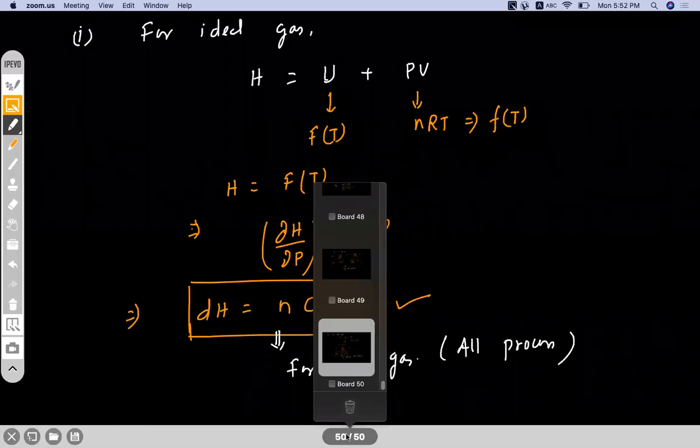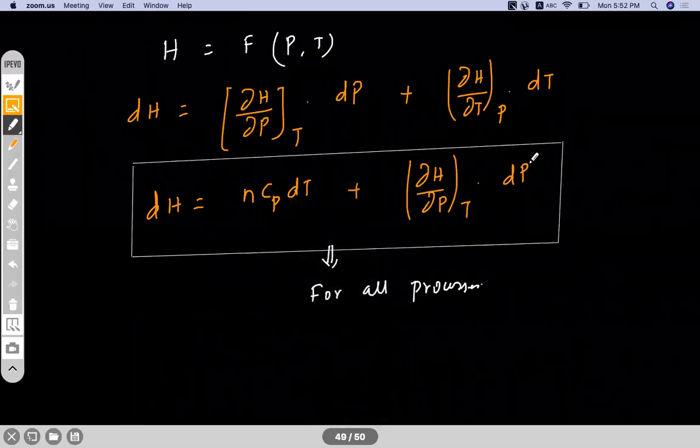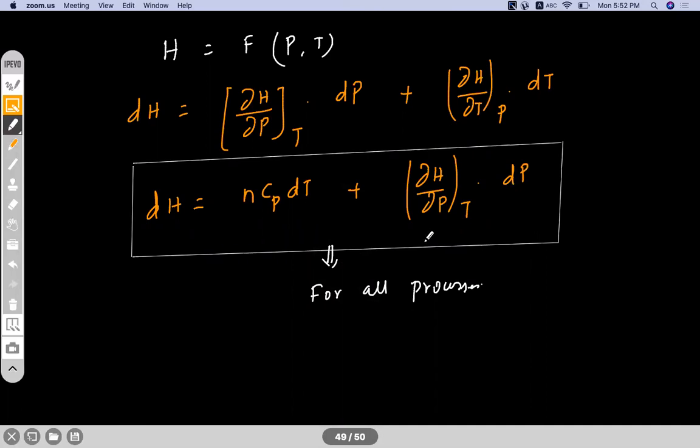This dP would be 0, and when this dP is 0, the entire expression is 0, and again dH is equals to nCp dT. So it is applicable for constant pressure as well, but dH is equals to nCp dT is applicable for all processes. Okay, so this is one thing.